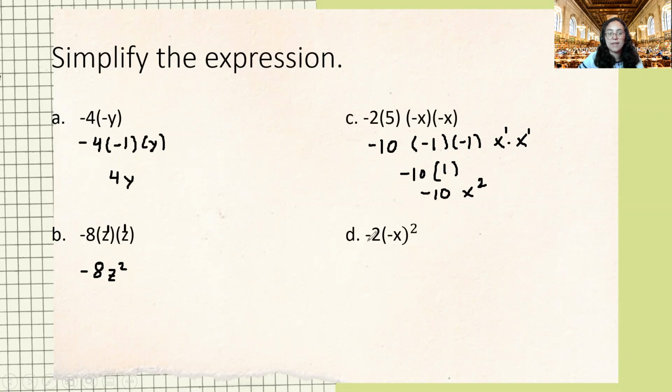For D, I have negative 2 times negative x, and negative x is in the parentheses, and it's being squared. So I'm going to expand that, so negative x times negative x. What I can do is also do the same thing, which is pull out those negative 1's.